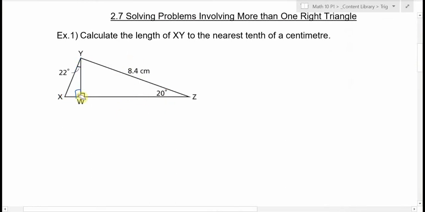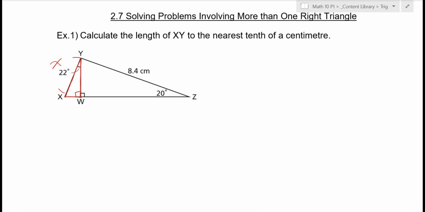Again, the goal is to solve for xy. Now, if we simply look at this triangle right here, we can't solve for the length xy right away or directly, because the only thing that we know is 22 degrees. We don't know anything else.